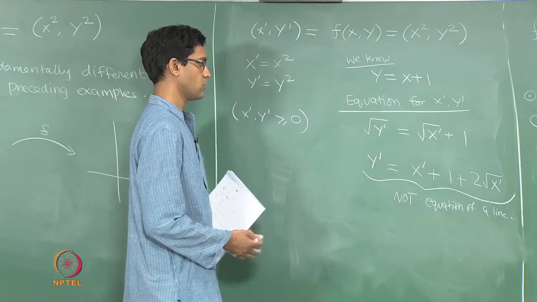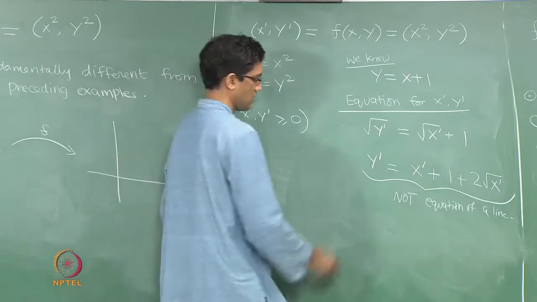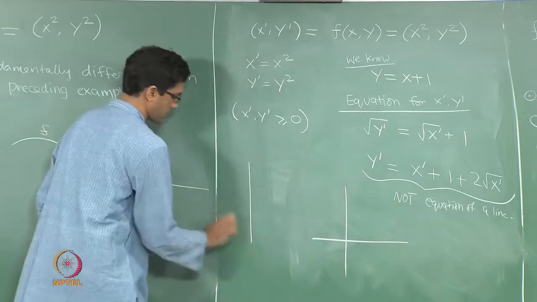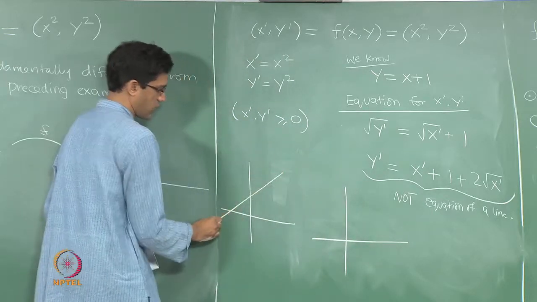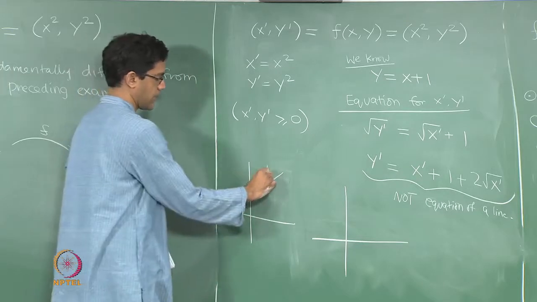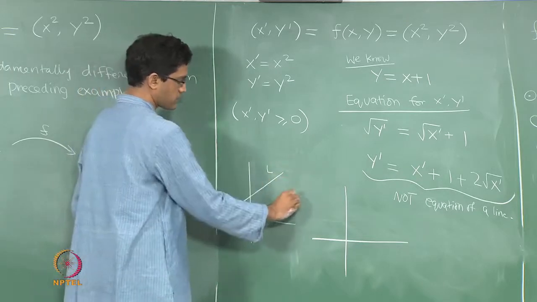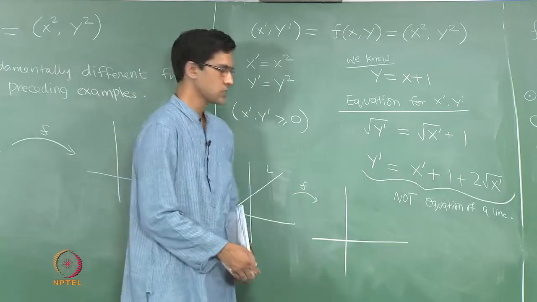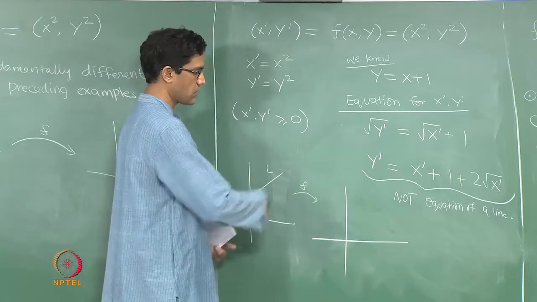Okay. So, what this really implies is the original line that we had, y equals x plus 1, okay, that is the line L. When you map it under this function f, what it deforms to is something very different, it is some curve now. Okay.